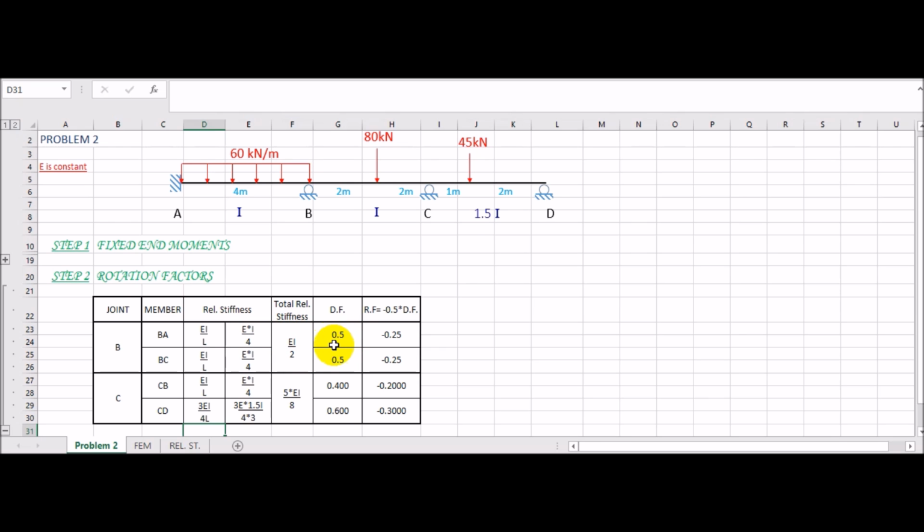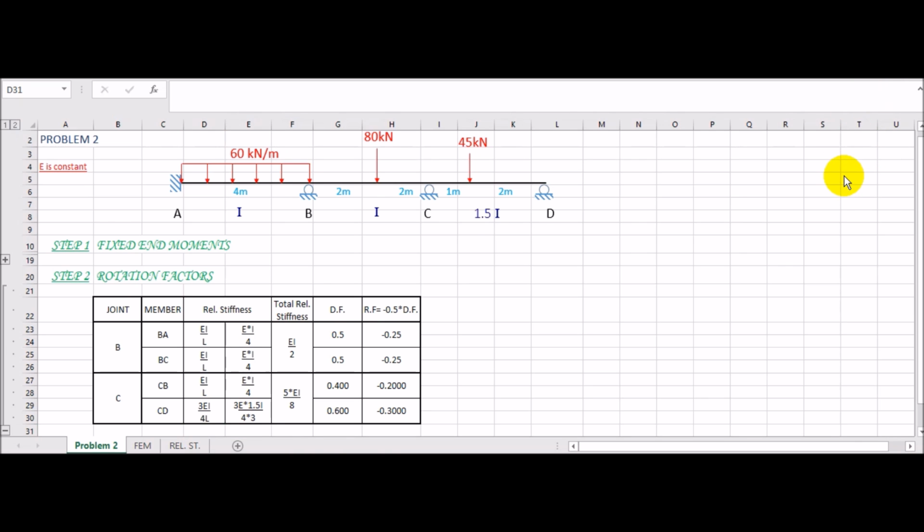I get 0.5. Again for BC it is EI by 4 divided by EI by 2. I get 0.5. For CB it is EI by 4 divided by 5 by 8 EI. I get 0.4. And for CD it is 3 by 4 E into 1.5 I by 3 divided by 5 by 8 EI. I get 0.6.